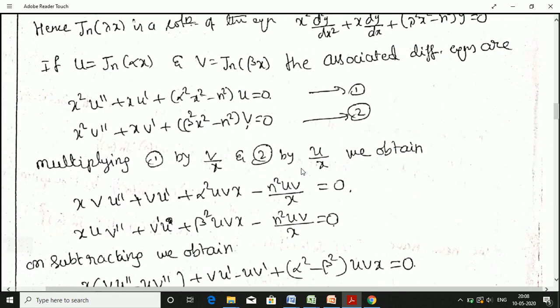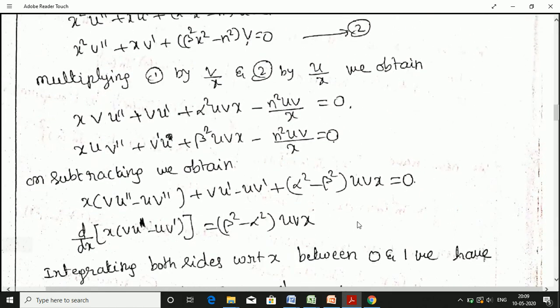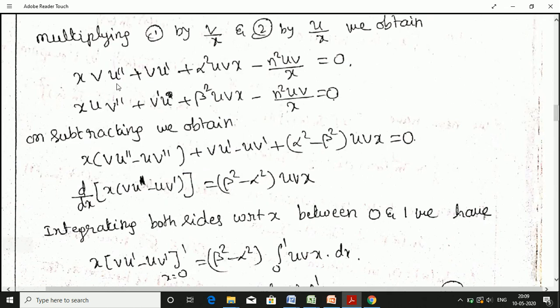And the second equation by u by x: x u v double dash plus u v dash plus beta square x u v minus n square u v by x is equal to 0. Subtracting, we get x into v u double dash minus u v double dash plus v u dash minus v dash u, plus in these two uvx is common, alpha square minus beta square of uvx, and these two terms get cancelled, equal to 0.